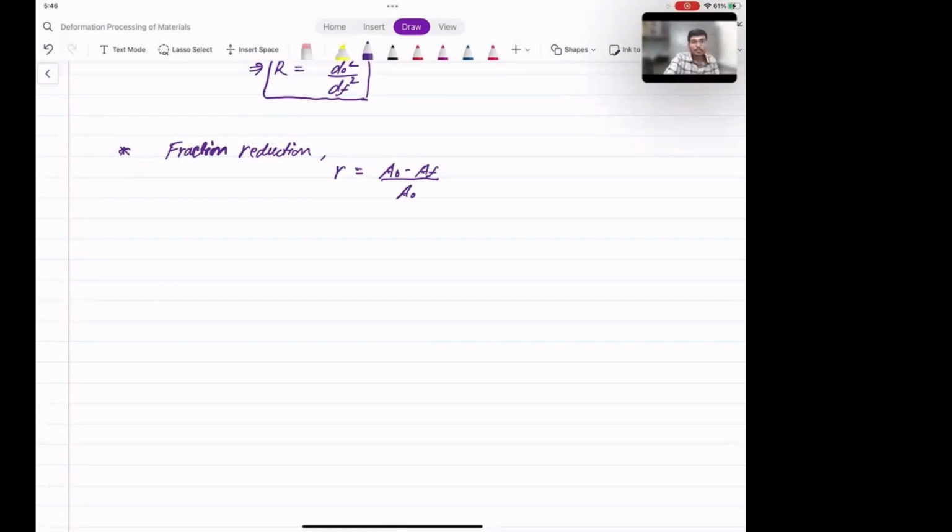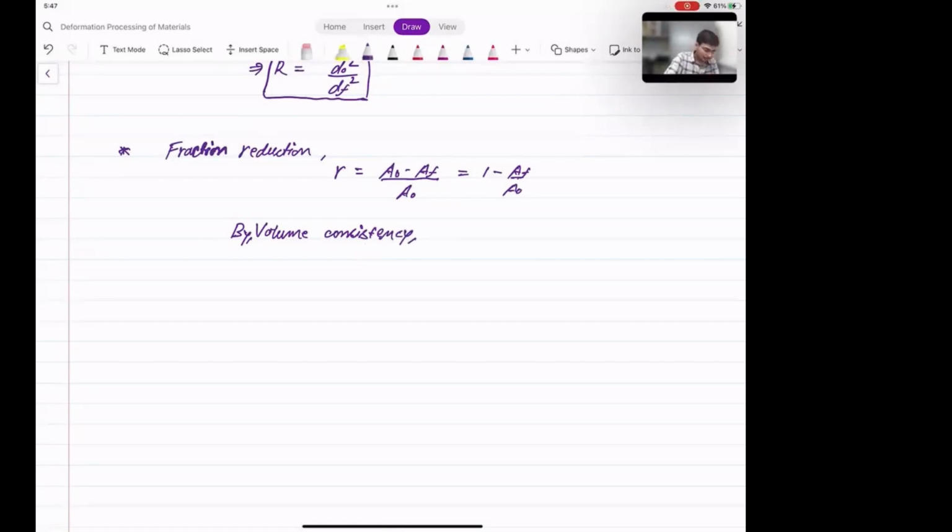By volume consistency, we can also correlate the change in length. If we separate the terms, we will get r equals 1 minus AF over A naught. By applying volume consistency, we know that the area multiplied by length will be the volume.